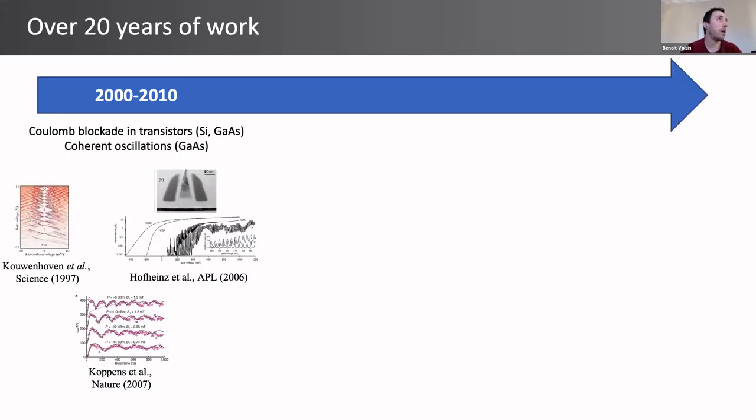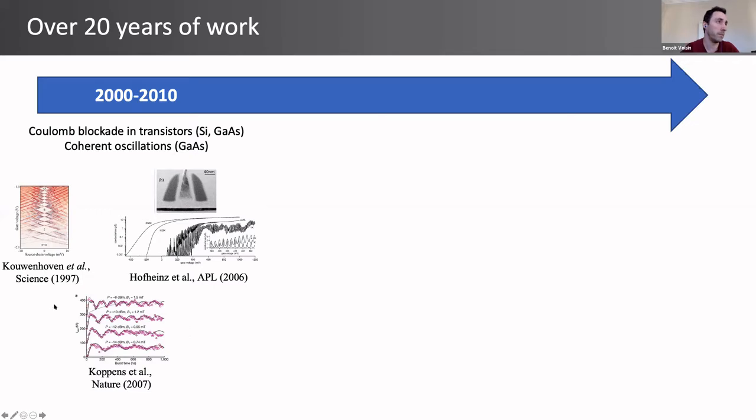Following this proposal, there's been over 20 years of work until today. I'm just giving a very brief review of some key dates that led us to today. The first pioneering work started in the early 2000s up to 2010. It was mainly to characterize the confinement of these electrons, either on single dopants or trapped in quantum dots.